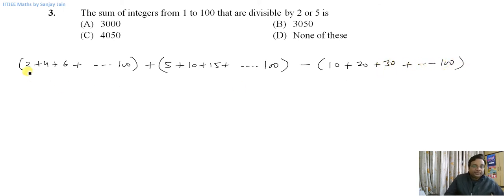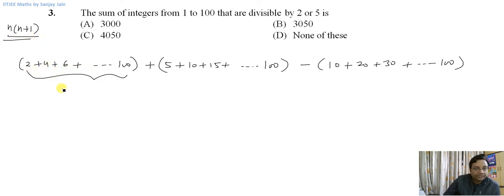Now this sum is sum of first 50 even numbers, we have already spoken about it. Sum of first 50 even numbers, which is, see, sum of first n even numbers is n into n plus 1, right?